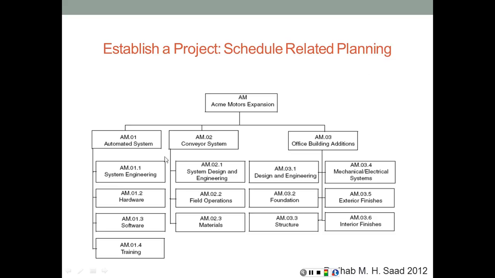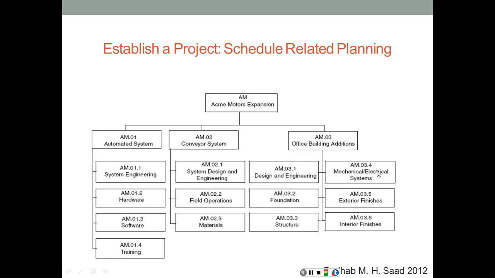Now we can see here, for example, coding system, Acme Motors expansion. The name is AM, Acme Motors. And then the automated system is AM01, conveyor system AM02, office building AM03, and then you can break that down, design and engineering of the office building, so it's going to be AM031, AM034, and so on.